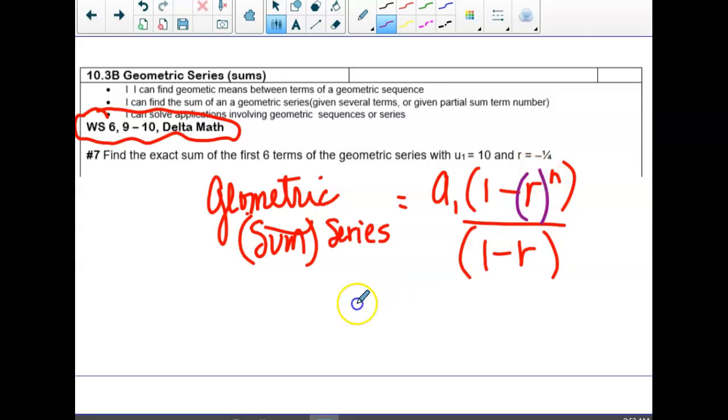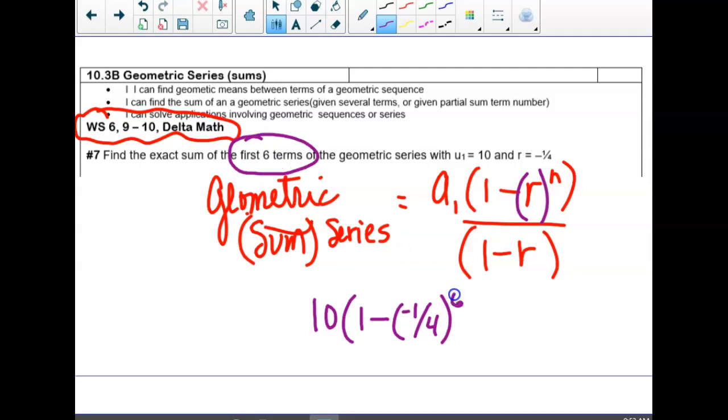Okay, so very carefully we're going to put in 10 times 1 minus, that's a minus, and then this is a negative 1/4 to the what power? Sum of the first 6 terms, it is to the 6th, it's not to the 6 minus 1. We're doing sum of 6.